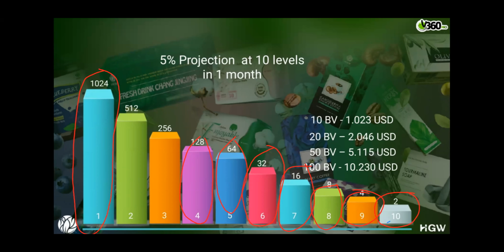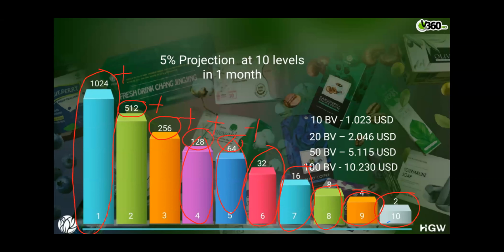Adding for total members, you have 1024, plus 512, plus 256, plus 128, plus 64.